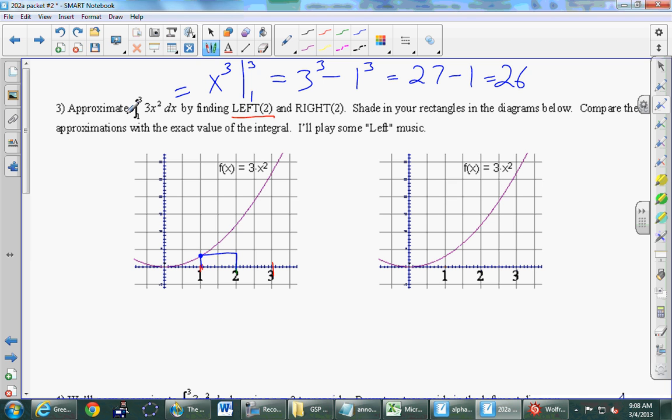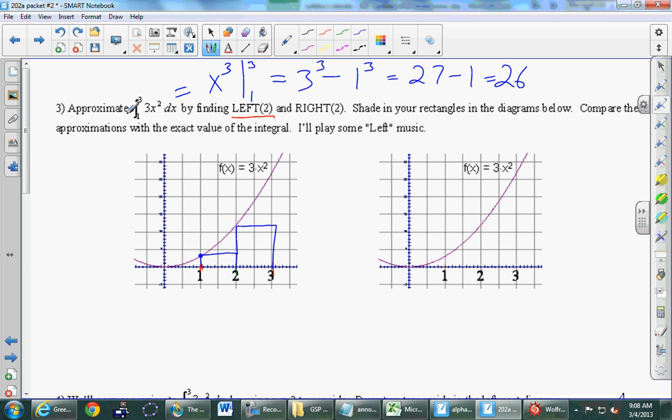Go ahead and draw the second left rectangle. Okay, so we've got 2 left rectangles, and we're going to find the area of each of these rectangles.